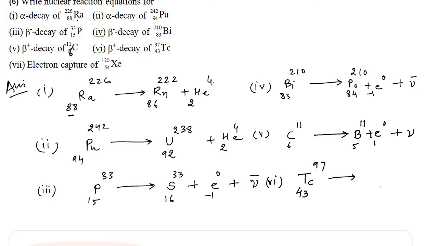Here beta plus decay takes place, so a positron is emitted from it, along with a positron neutrino. After emission of the positron, atomic number changes by 1. So it changes to molybdenum, atomic number 44, and there is no change in atomic mass.